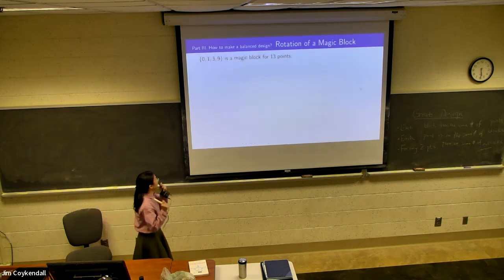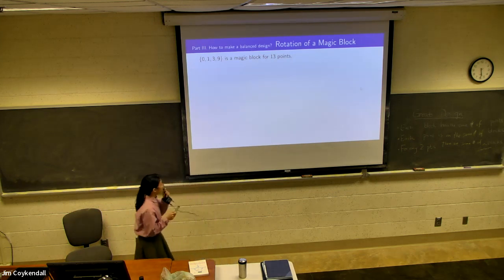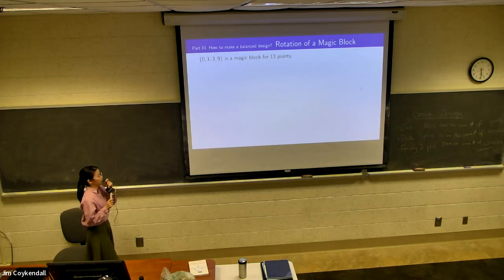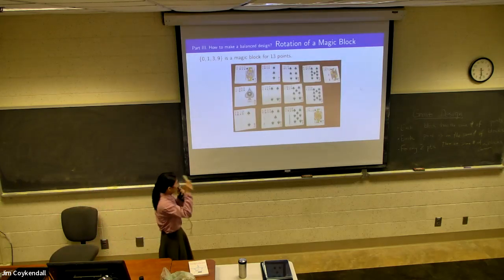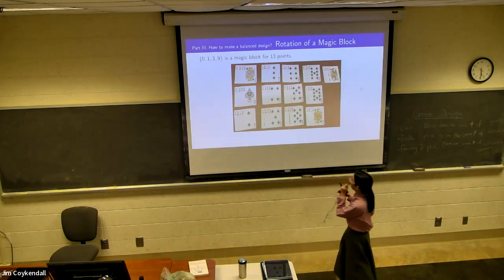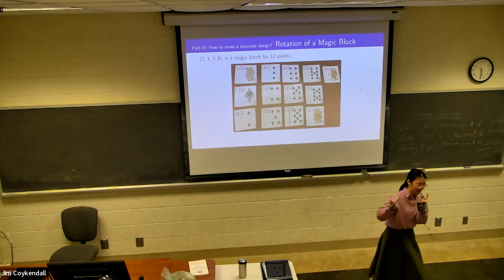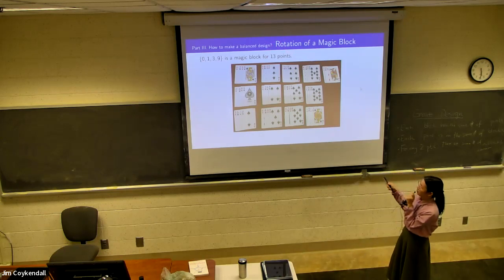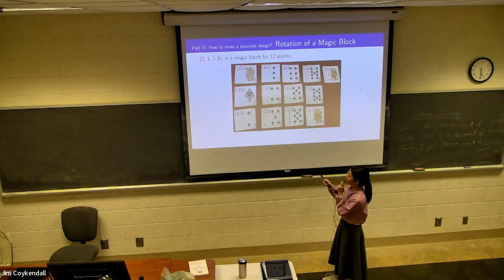Okay, the next case where you can find a magic block is when you have 13 points and the magic block is 0, 1, 3, 9. Now, what does it mean? If you take it apart, consider the 4 aces, the same for each suit, so you get 13 points, and you start with the block 0, 1, 3, 9.